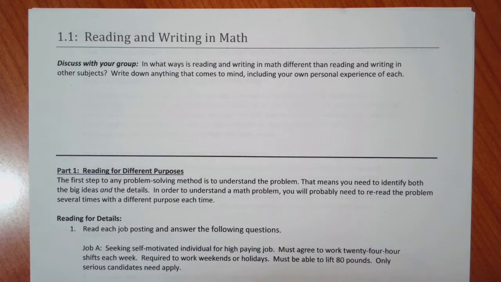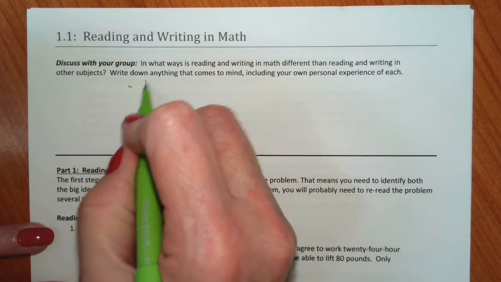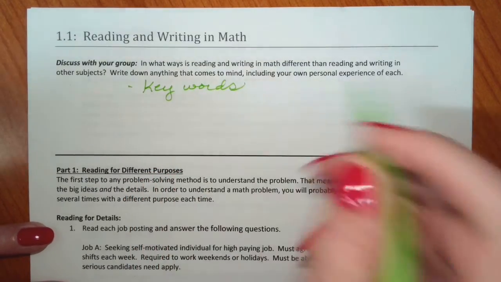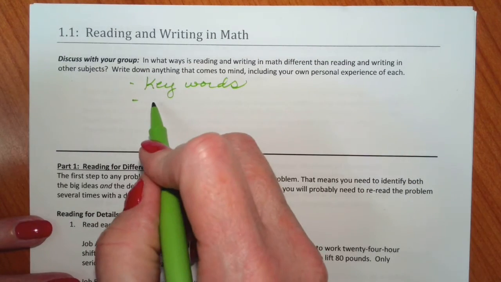Okay, so I'm going to start with reading and writing in math. In class, you discussed with your group in what ways reading and writing in math is different from reading and writing in other subjects. Some of the ideas you came up with were finding keywords, which is really important and very beneficial to you.